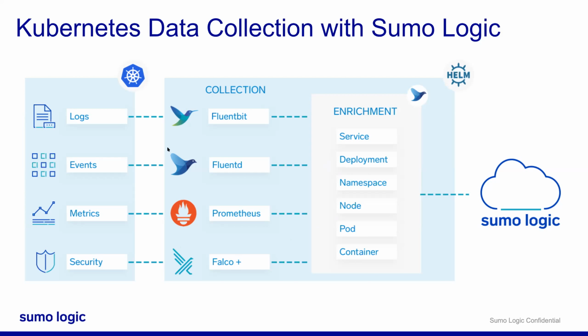Now, all of these collection pieces send their data through this FluentD enrichment pipeline. So as you know, Kubernetes is rich with metadata, and each of these things is a descriptor of how one relates to another. But the problem that Kubernetes presents is that all of these entities aren't always tagged in a consistent manner.